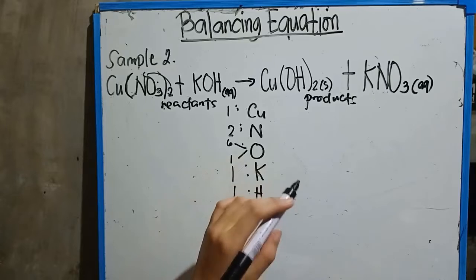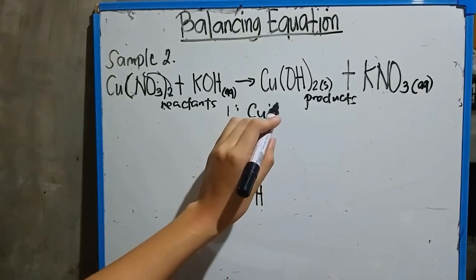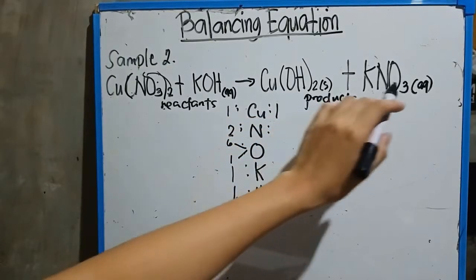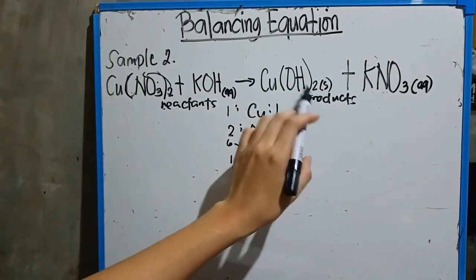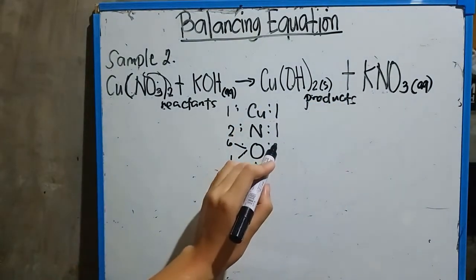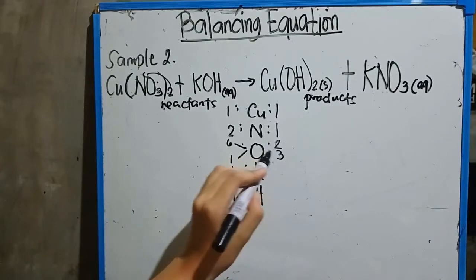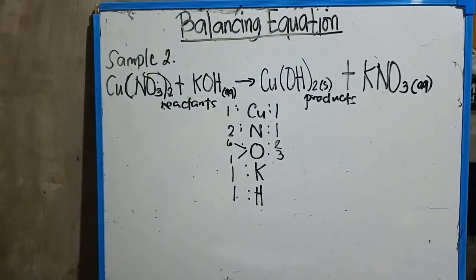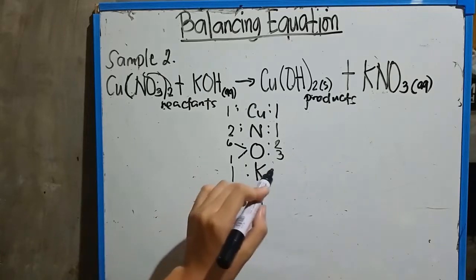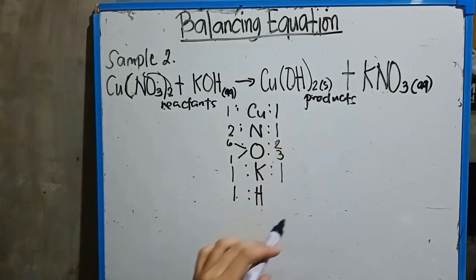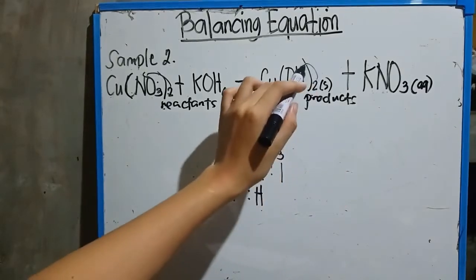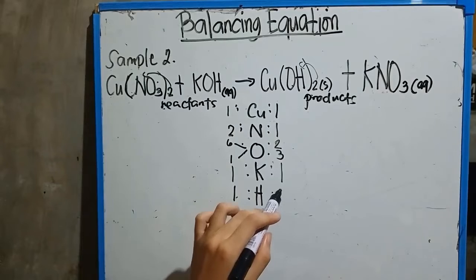On the other side, our copper, we have also 1. Nitrogen, we have 1. Oxygen, we have 2 and we have 3. I separate the two so that when we add coefficients, we won't have difficulty. Potassium is also 1, and our hydrogen is 2.